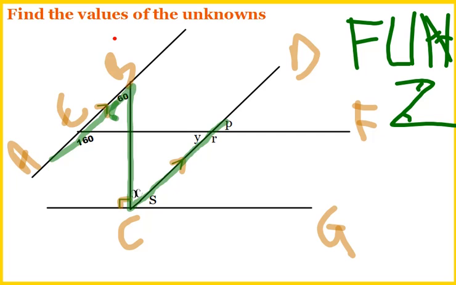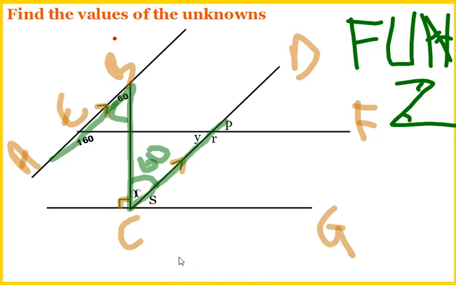So Z for alternating angles, where the angles are equal. So 60 here, and X should also be 60. Our reason is alternating angles.